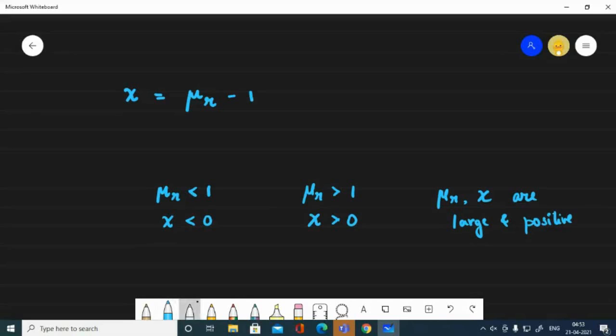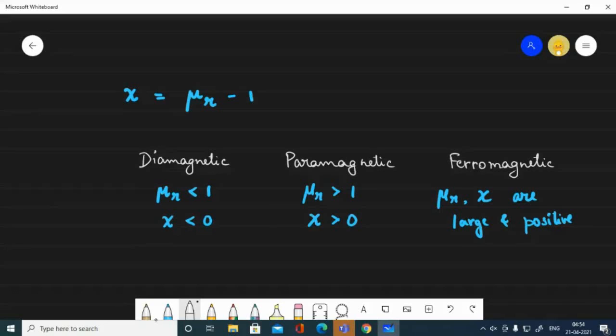And the corresponding materials for these conditions are diamagnetic, paramagnetic, and ferromagnetic. So this is the broad classification of materials based on their magnetic property.